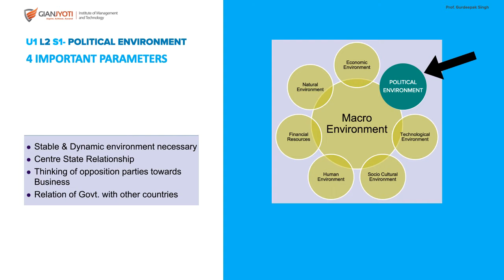So it is very important that the center-state relationship is understood and they are cordial for the growth of the business. Also, you need to understand the opposition parties and what they think about the freedom of doing business. And the last one is how the government is maintaining the relations with the neighboring countries and all other countries of the world.